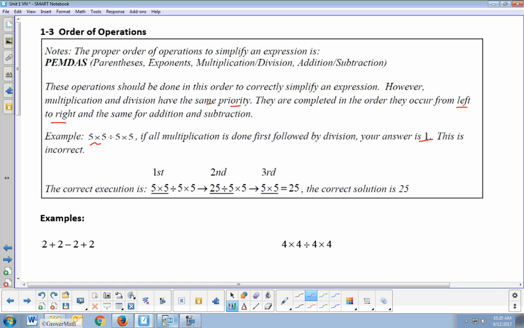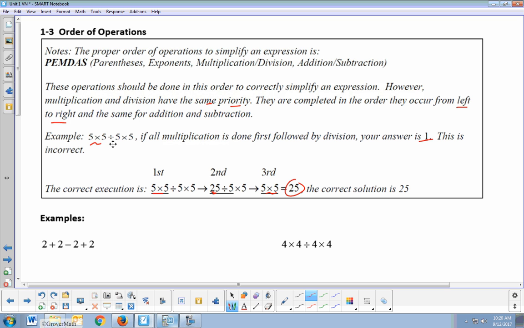The first thing on the left is 5 times 5. That's 25. Then I have divide by 5. Well, 25 divided by 5 is 5. Then I have another times 5. So the correct answer here is 25. I multiplied, then I divided, then I multiplied. You don't do all of the multiplication, then all of the division. You do them in order left to right.